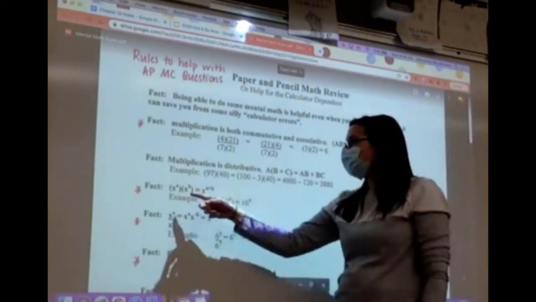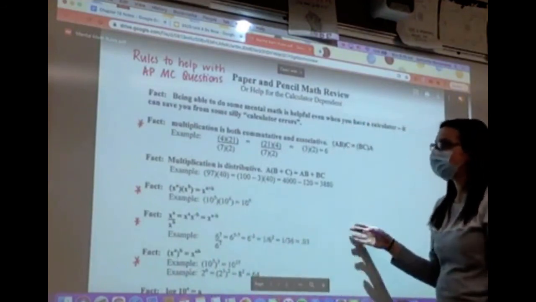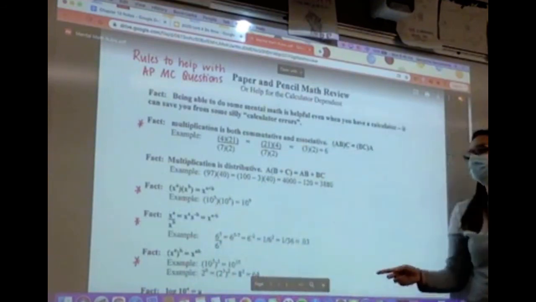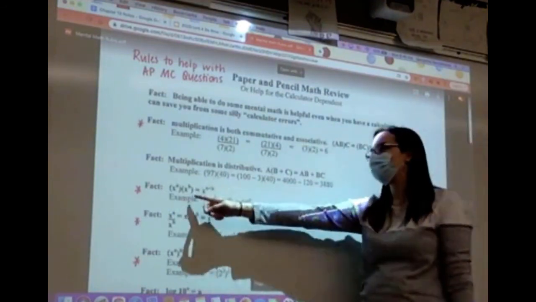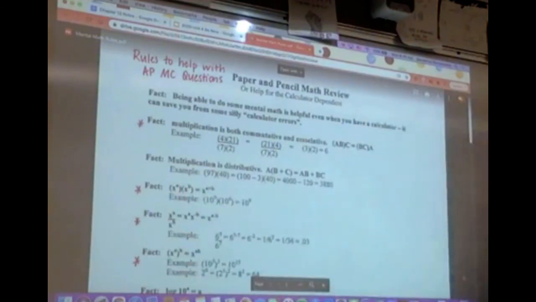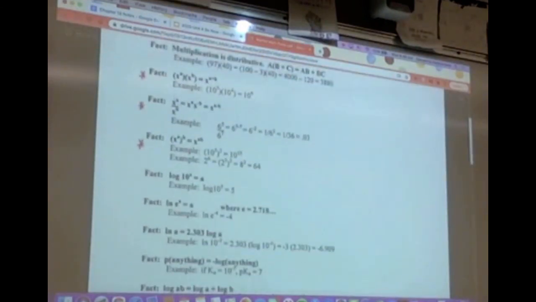Once we start getting into more of the scientific notation, just remember some rules. If you have x to the a times x to the b, you can add those exponents. If you're dividing two numbers in scientific notation, you can subtract your exponents.